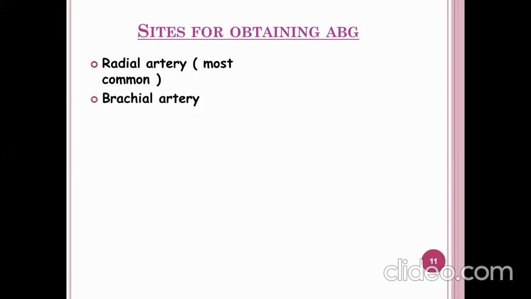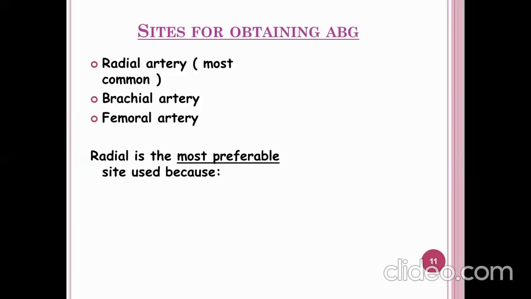Now the sites for obtaining ABG. The first and most common site: if you get MCQ questions, you have to choose the radial artery. Radial artery is the most common site for the ABG. Another one is the brachial artery, optional. Femoral artery is optional. The radial artery is the most preferable site because it is easy to access.